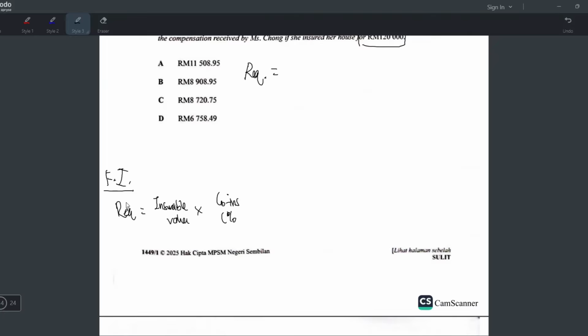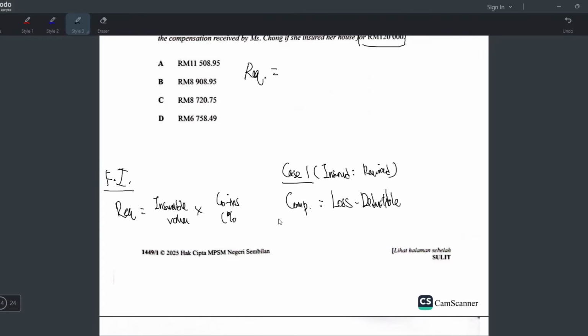Okay, that's how you find the required, and you should always find the required first. And after that, you have to check whether it's case 1, case 2, or case 3 lah. So for case 1, your insured value is equal to the required. And what is insured? Insured means the purchased, yang beli. Okay. So bila amount yang you beli sama dengan required, then the formula for compensation is loss minus deductible.